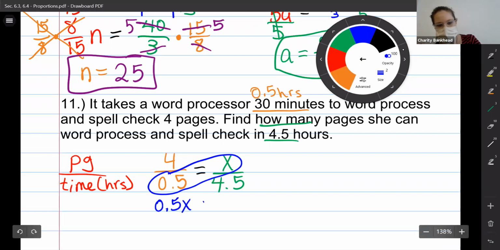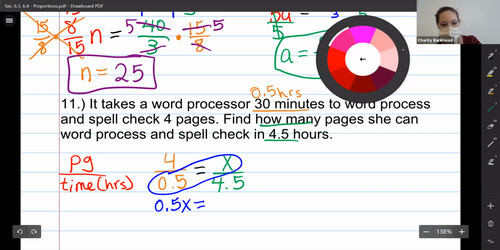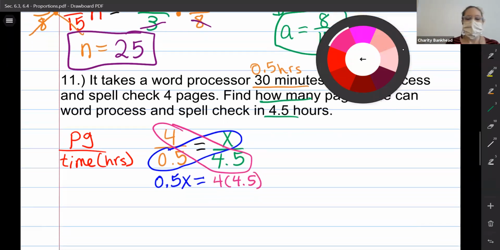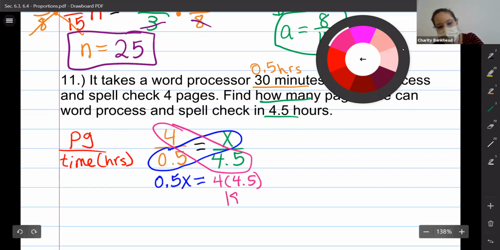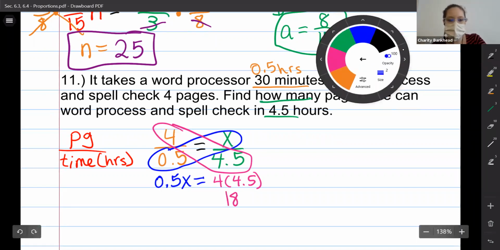So 0.5x equals, and then I have to multiply 4 times 4.5. So that would be 18. So 0.5x is equal to 18.